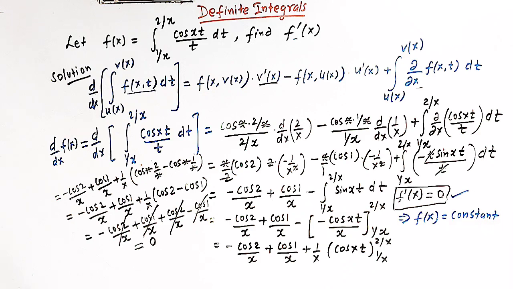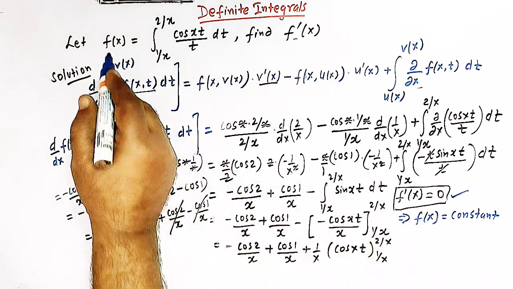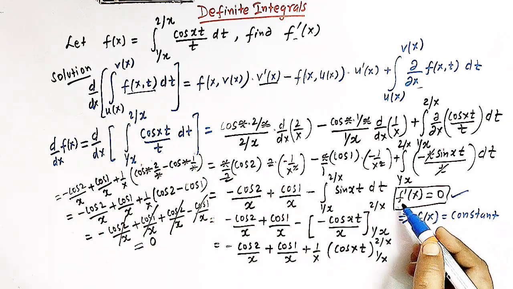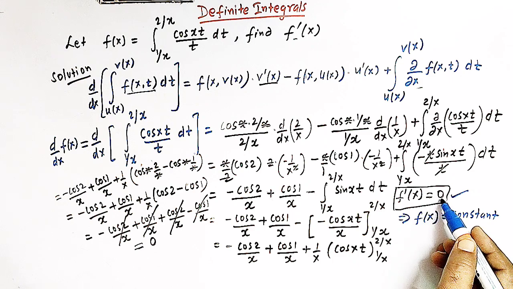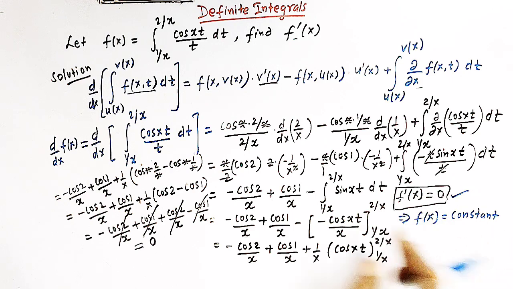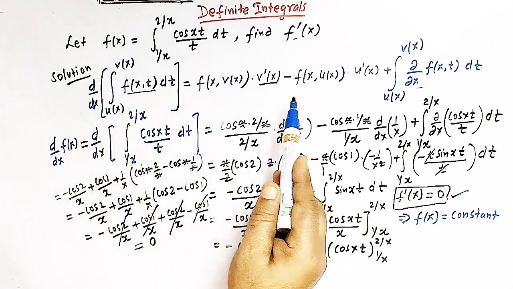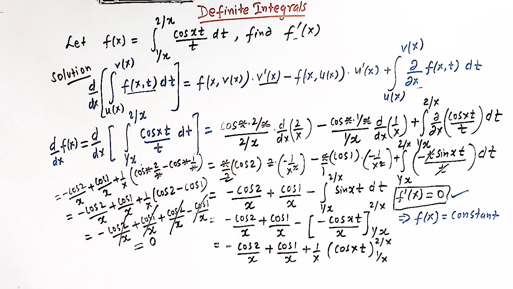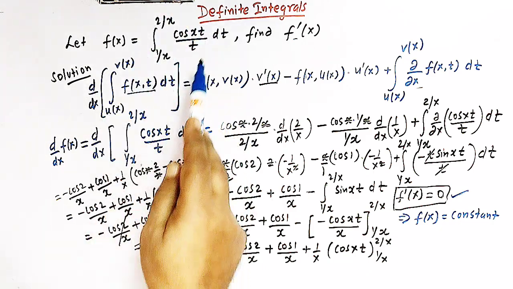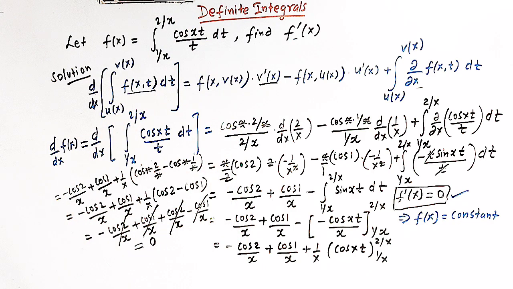Because the derivative of a constant function is 0, so our function f of x is a constant function. So f prime of x is equal to 0 gives us f of x is equal to a constant. So this is how by making use of the concept of Leibniz integral rule, we can easily find out the derivative of these kind of integrals.